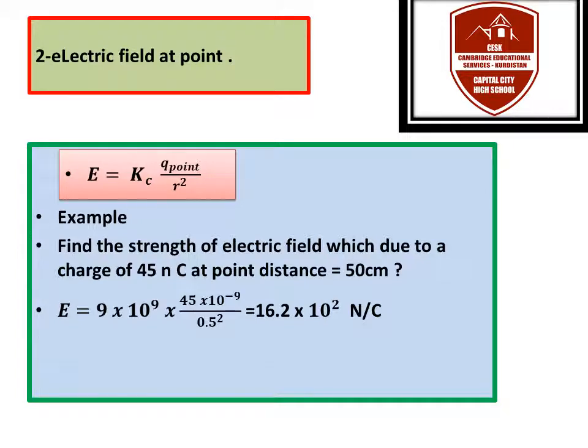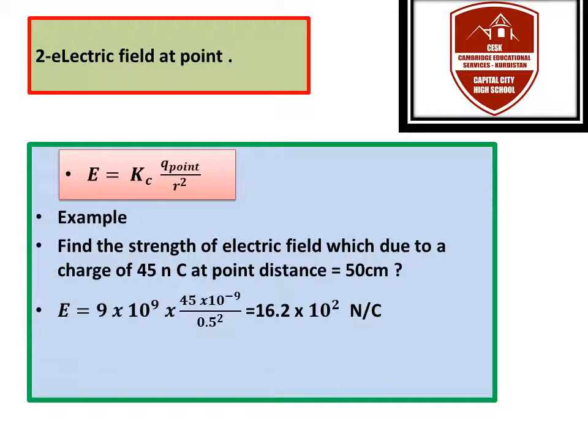For example, find the strength of the electric field due to a charge of 45 nanocoulomb at a point at a distance of 50 centimeter. Here you ask about 50 centimeter. What does it mean? That means E has a special number when you change this distance.